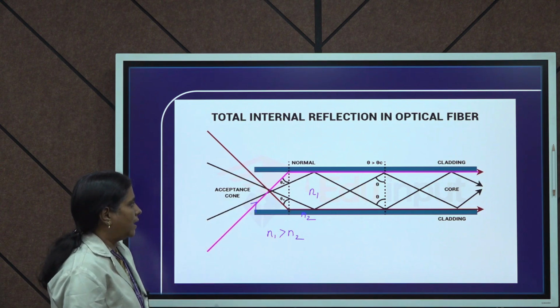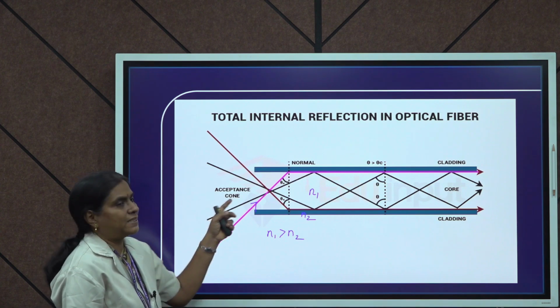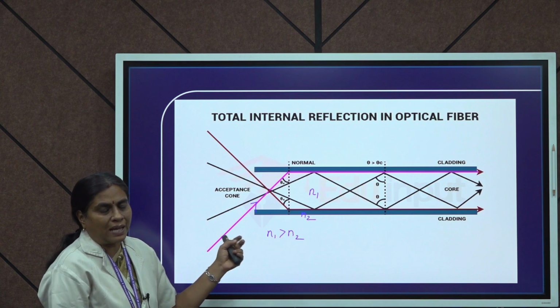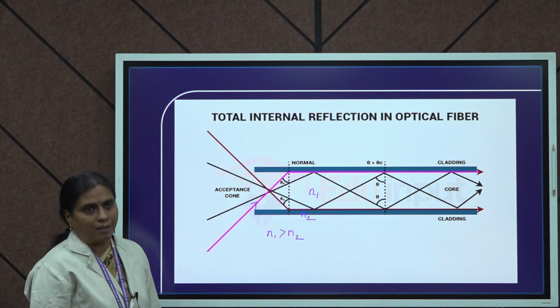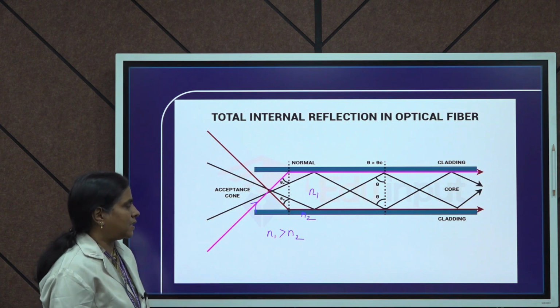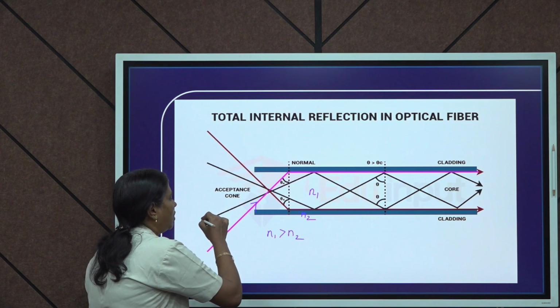And one more angle we must know, that is the acceptance angle. This is the angle at or below which the light can suffer total internal reflection. When the light enters through this particular cone, it is called the acceptance cone.